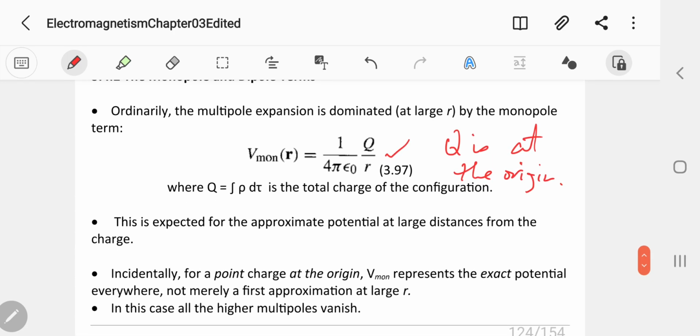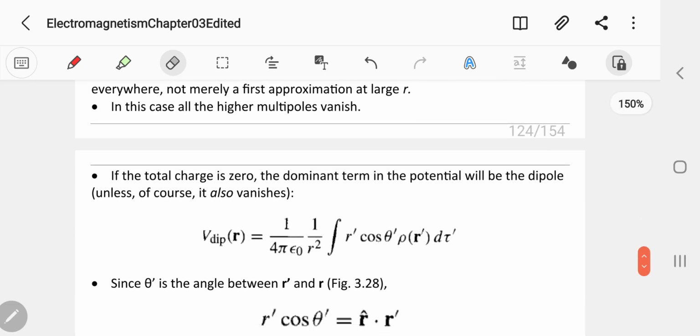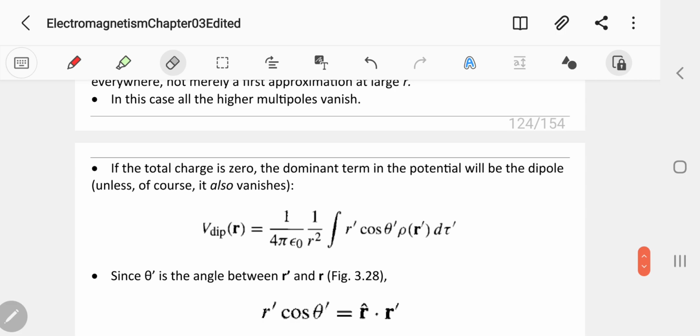So the r squared, the dipole, the quadrupole, the octupole, very far away, they will vanish because they fall off much faster than this. Now, if the total charge is 0, then the dominant term in the potential will be the dipole.